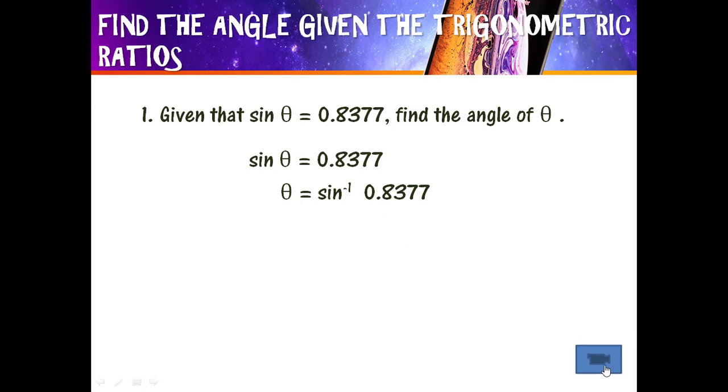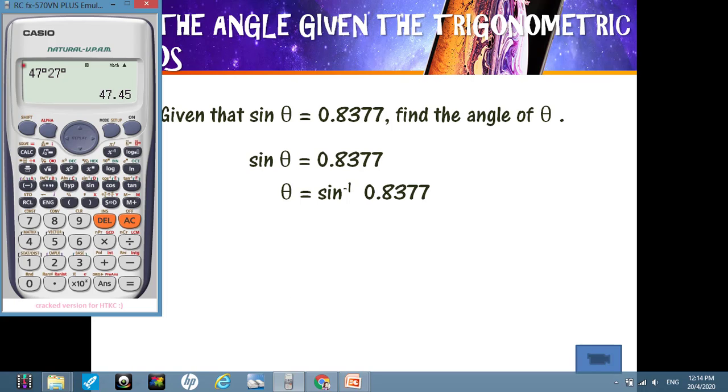So how do we find the answer? Through our calculator. Arc sine: look at the word sine here, follow the color, so you must use shift sine. That is your arc sine.